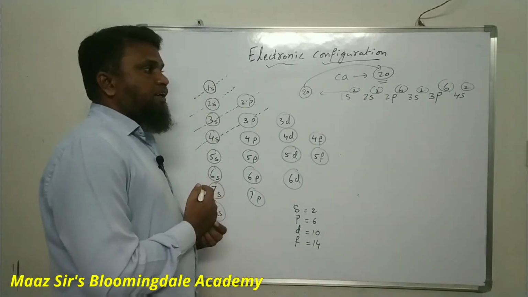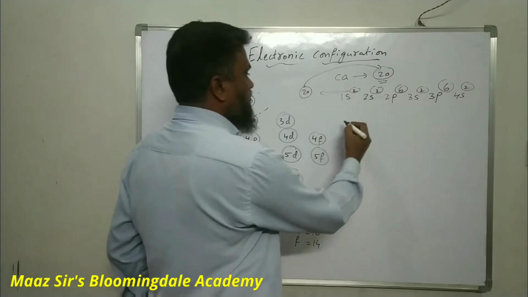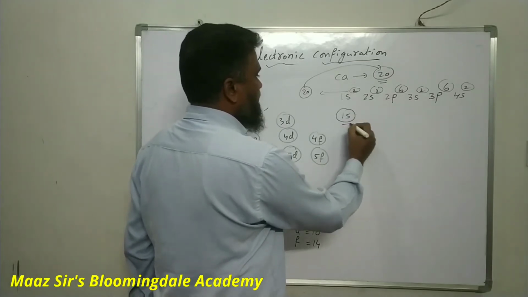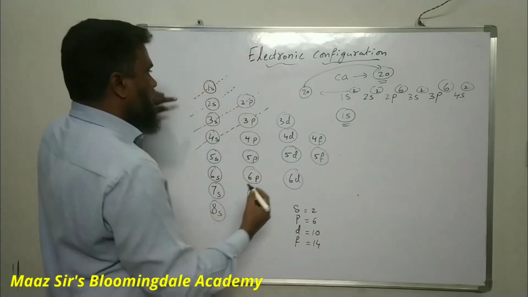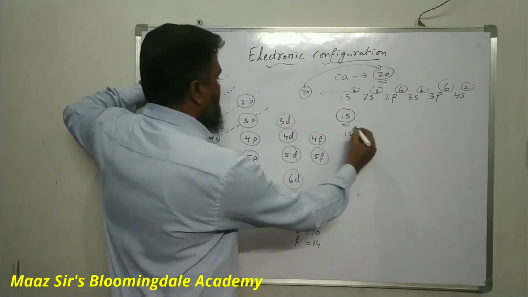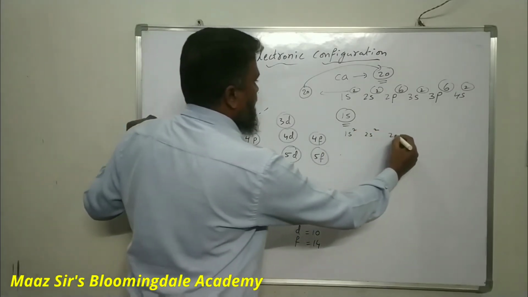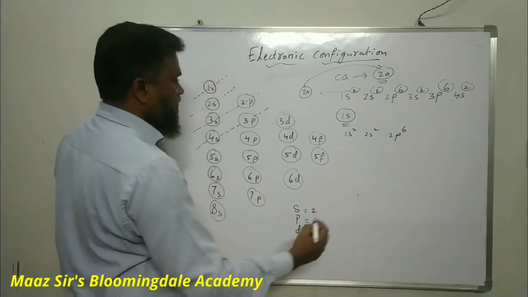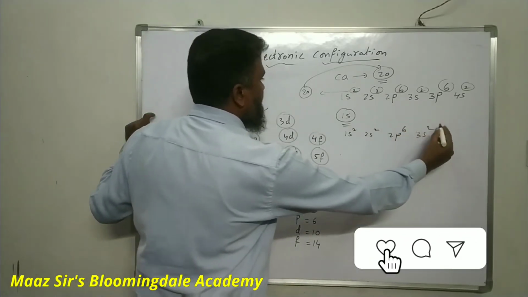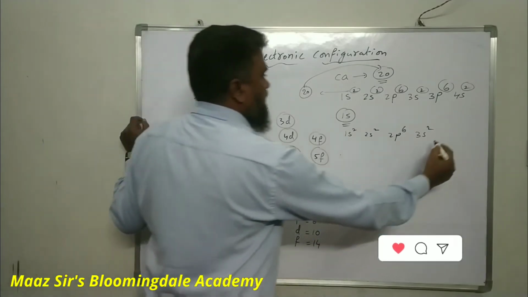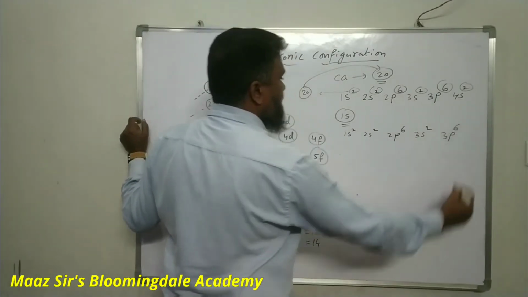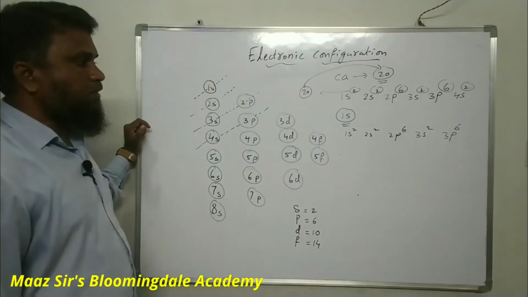Now let us see one more example. For example, atomic number 15 you want to write. So how will you write? First 1s2, 2s2, 2p6, 3s2, next 3p6. Is it correct?